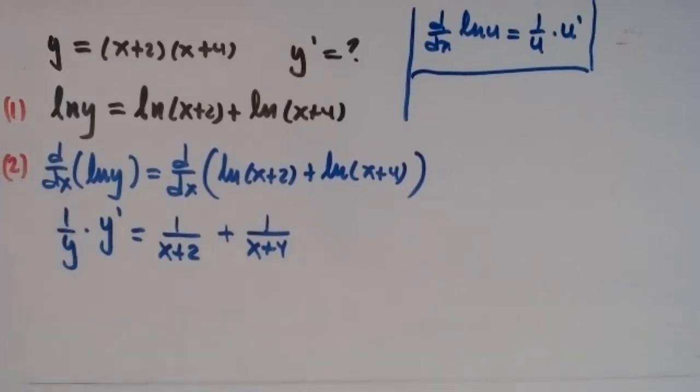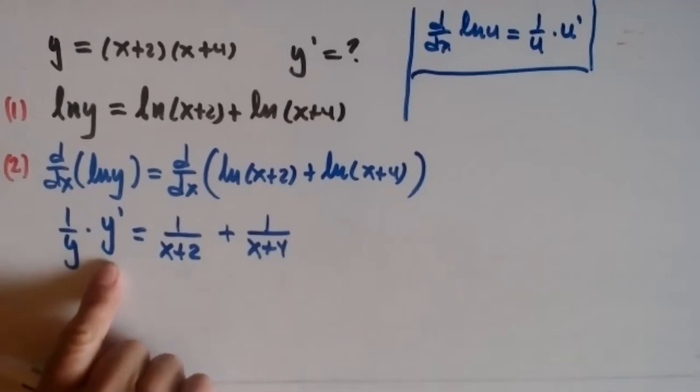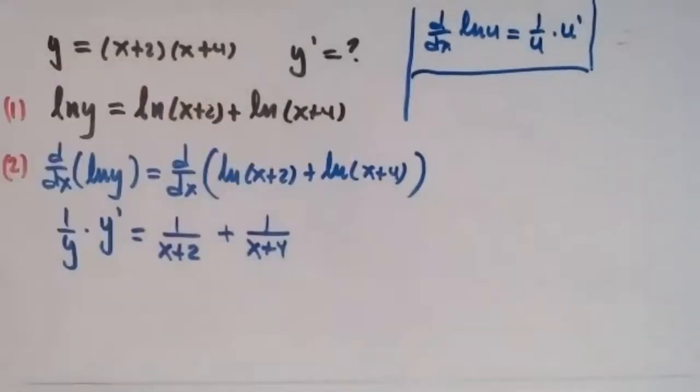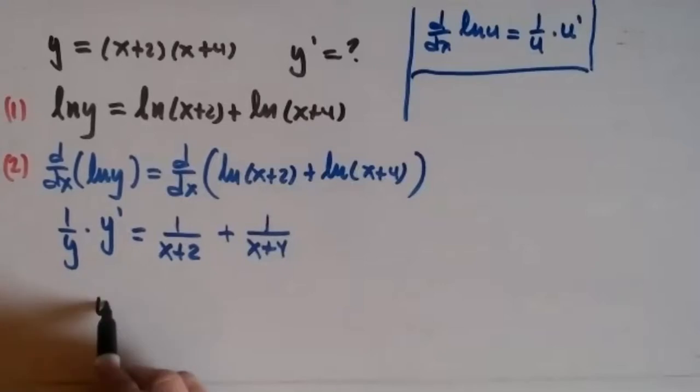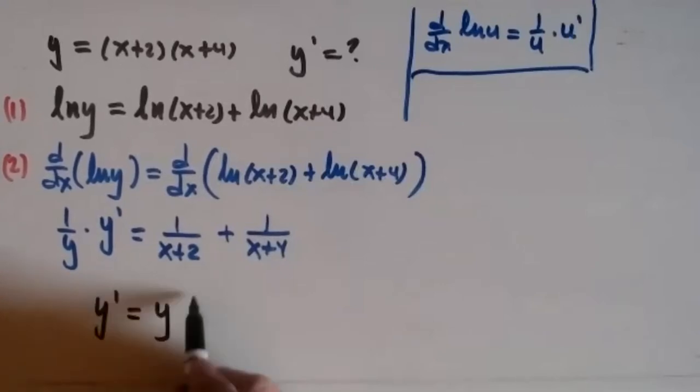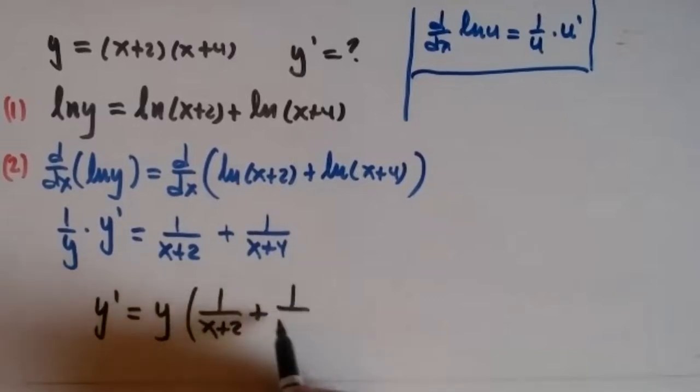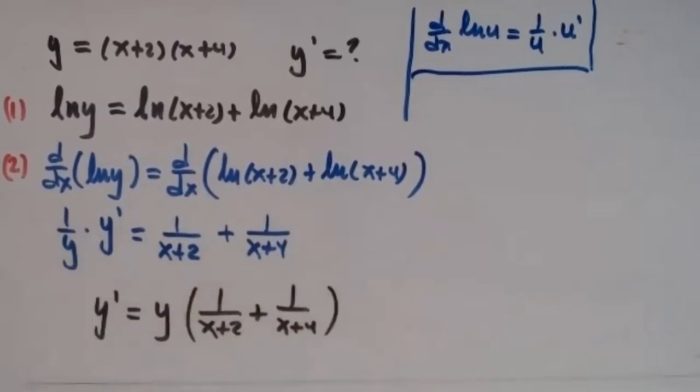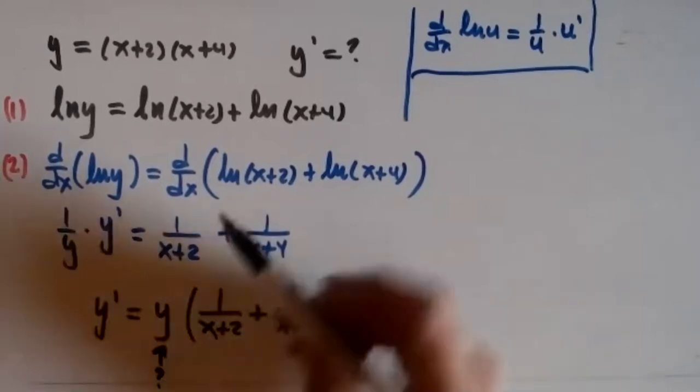Now, what do I have to do? I have to solve for y prime because I need y prime, you see? Y prime is y times 1 over x plus 2 plus 1 over x plus 4, right? Now, the only thing I have to do is, who's y? Well, y is right here at the top.